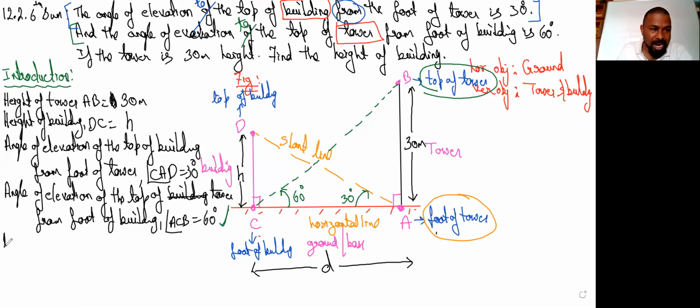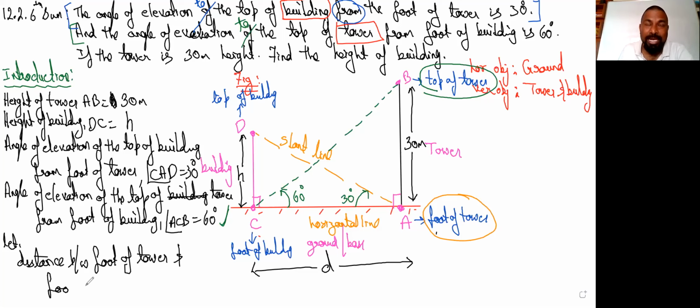Let the distance between the foot of the tower and the foot of the building be AC, or CA, which is nothing but D meters.